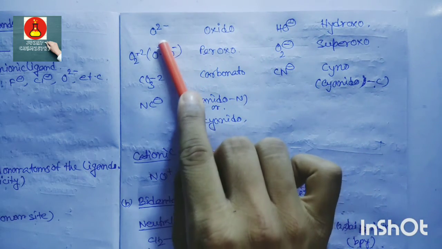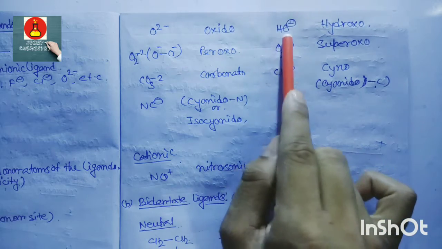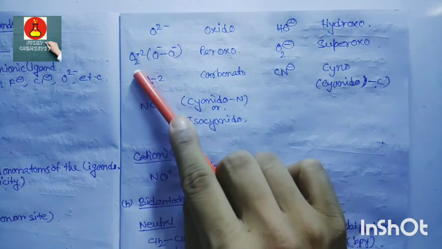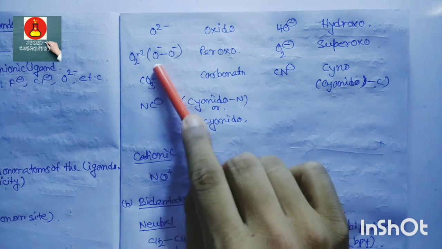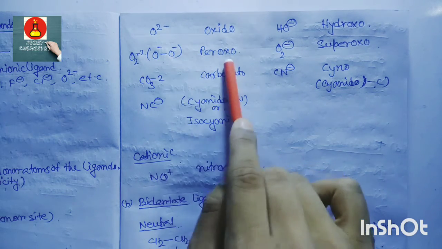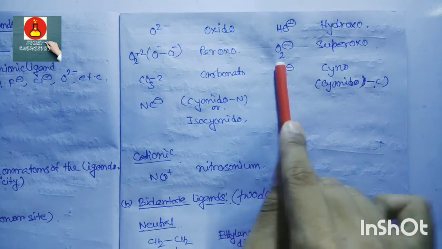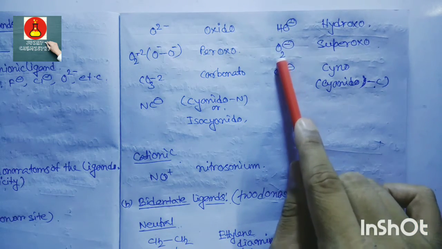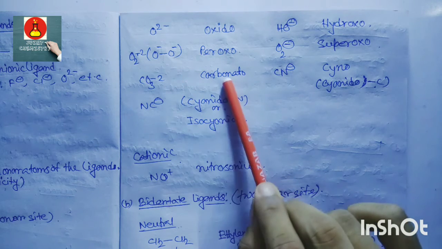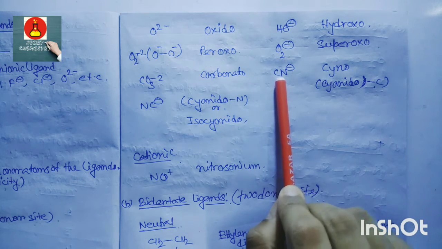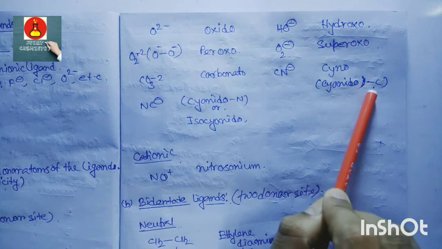This one, O2 minus, is oxido, OH minus is hydroxo, O2 2 minus, with an O minus bonded to O minus, is peroxo. This one, O2 minus, is superoxo, CO3 2 minus is carbonato, CN minus is cyano or cyanido-C.